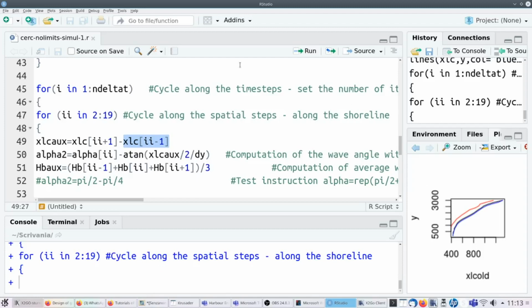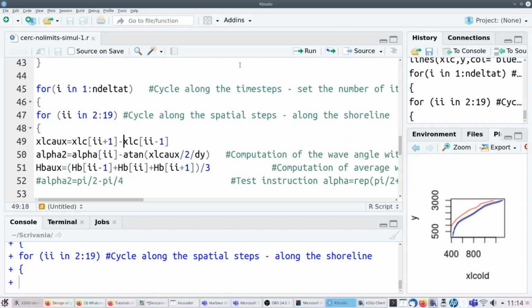So for each x it's the difference between the two neighbors. And this difference is important for us to compute the angle between the wave direction and the coastline.